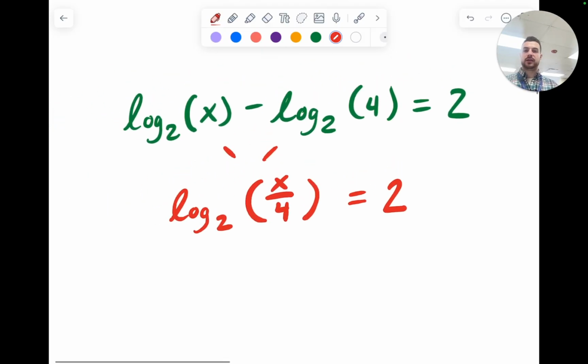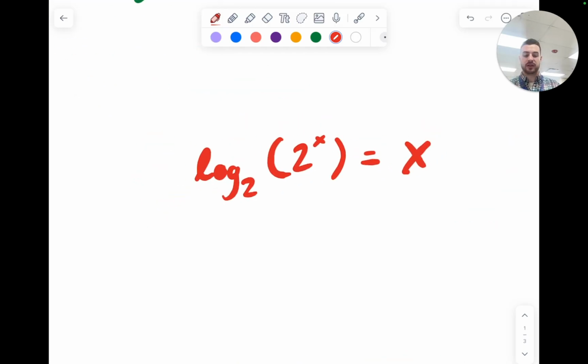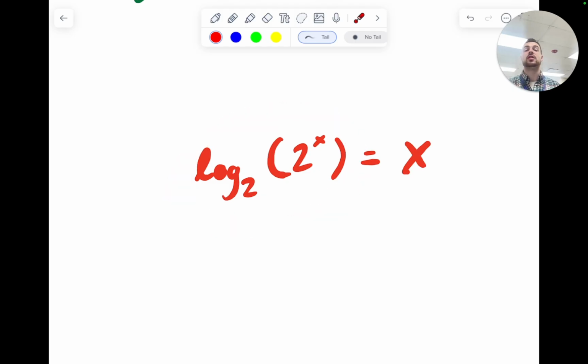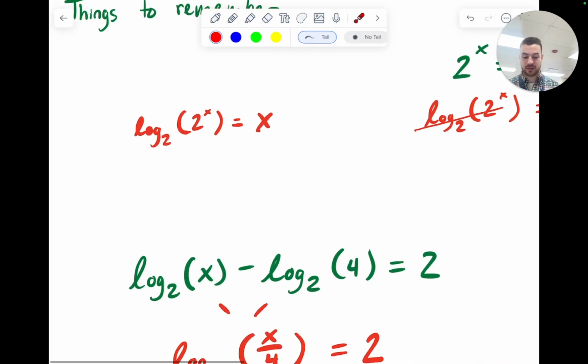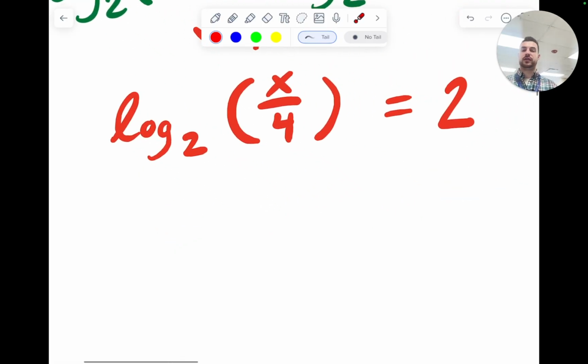If we go back to our properties of logs and exponentials, they are inverses and therefore they're going to undo each other as long as we have a log and an exponential with the same base. In this case, if I want to get rid of this log, I'm going to need to have an exponential on that side that has the same base.